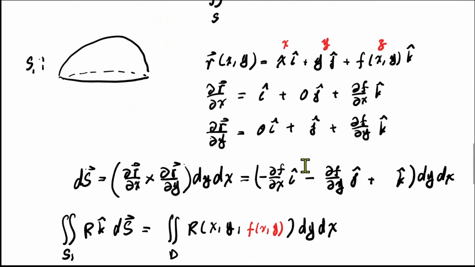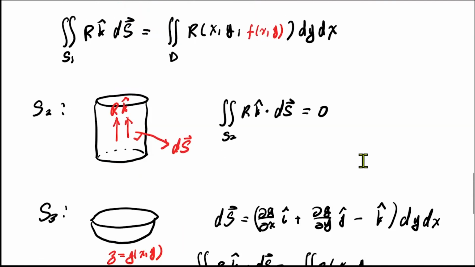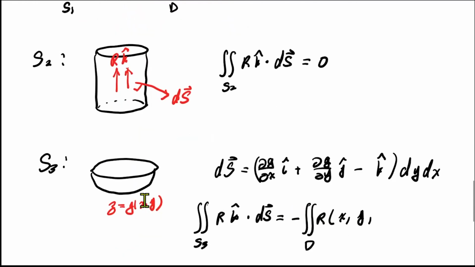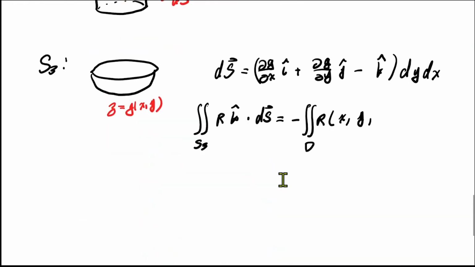I screwed that up earlier. Of R of x, y, and once again we are substituting, so here is our g, just like what I did with f.